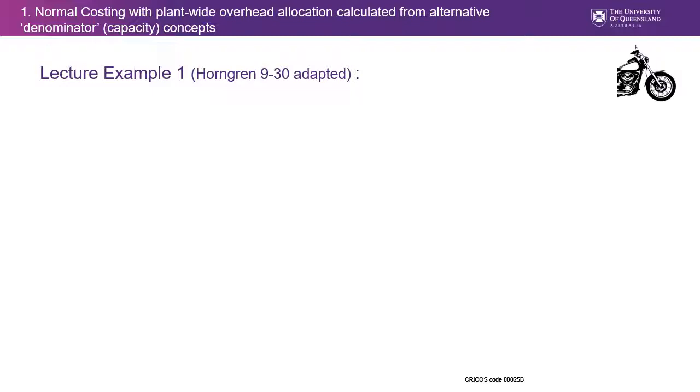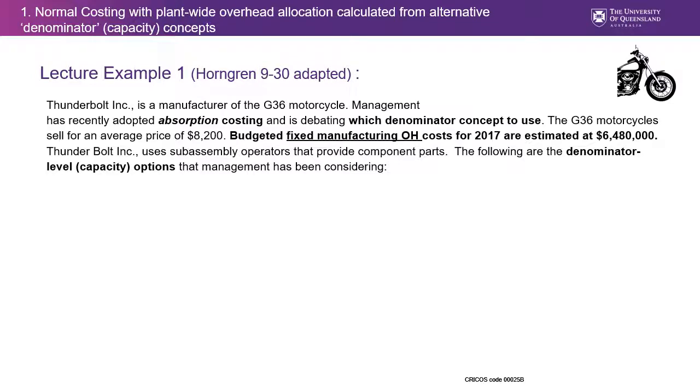So we're going to do a lecture example to demonstrate what we mean here in regards to this concept, denominator concepts, capacity concepts. So Thunderbolt Incorporated is a manufacturer of the G36 motorcycle. Management has recently adopted absorption costing.